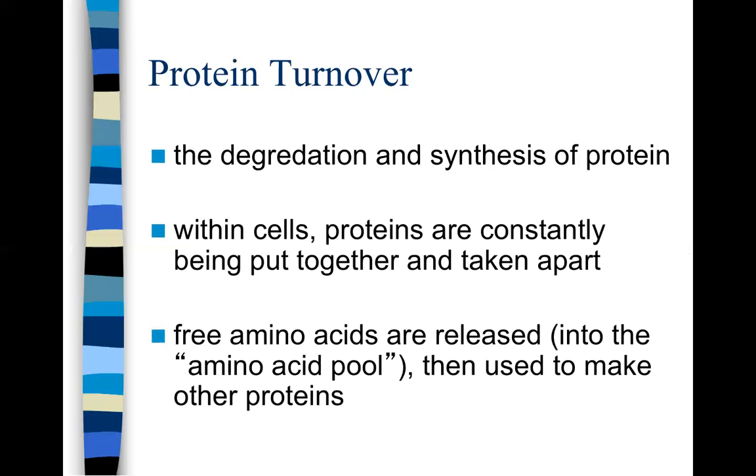If we're chronically eating foods that don't have all the amino acids we need, eventually that pool will become depleted of some of those essential amino acids, and we won't be able to draw from it anymore. But on a short-term basis, the amino acid pool allows us to eat a variety of foods with different amino acid profiles, and we have a little bit of reserve within our body.